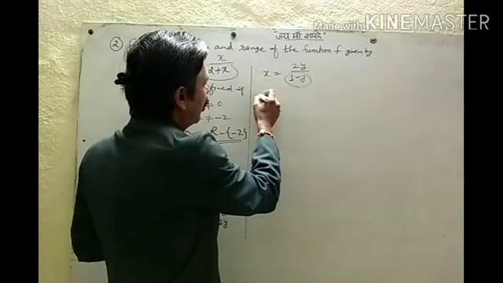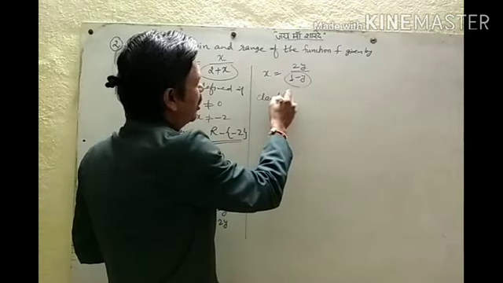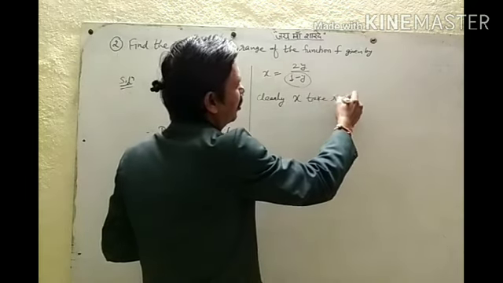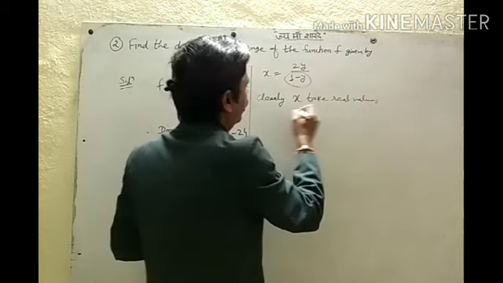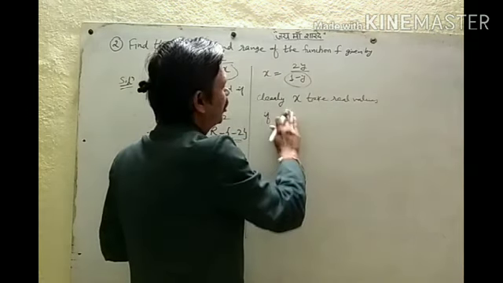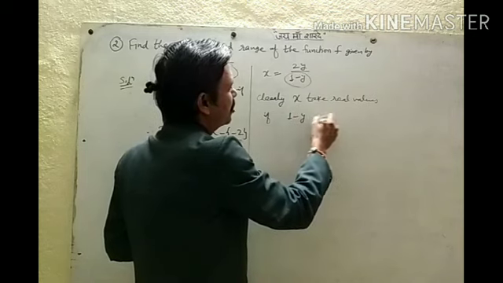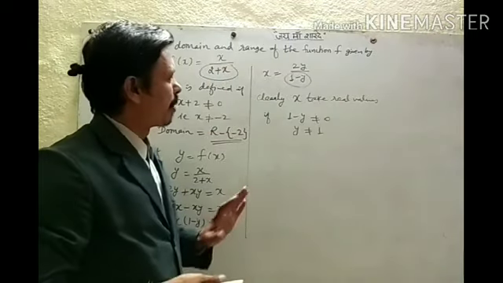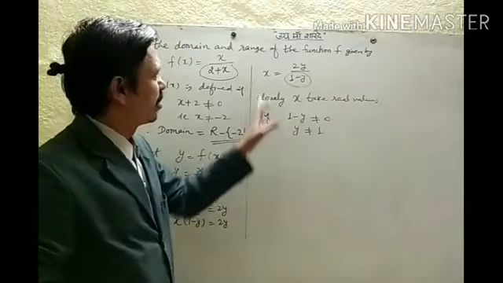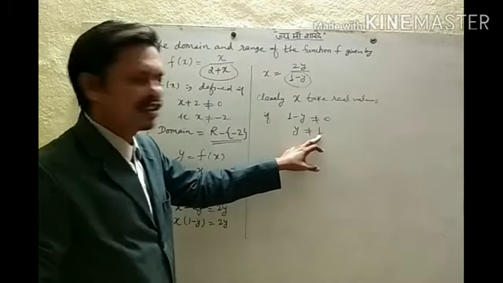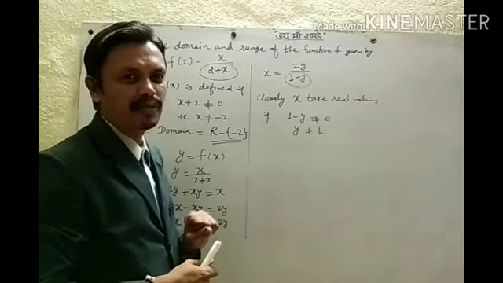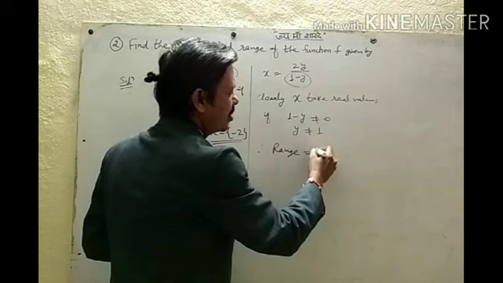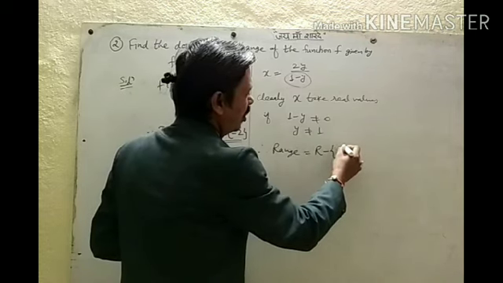So clearly, x takes real values if 1 minus y is not 0, means y is not 1. y should not be 1. If y is 1, then it is not defined. So x can be real only when y is any real number except 1. So we can say the range of this function is the set of real numbers except 1.